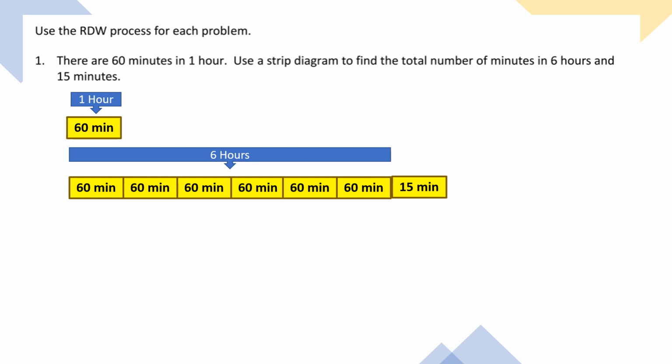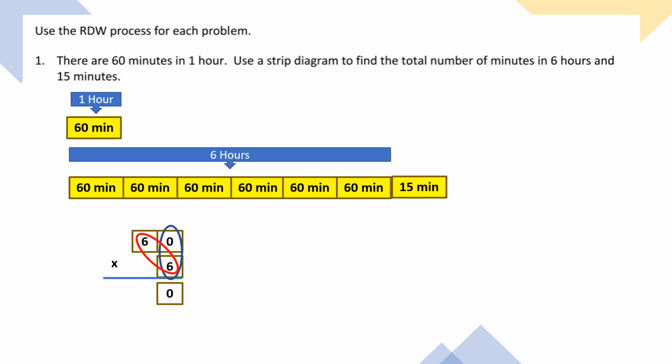So if I have 6 boxes with 60 in it, that's the same thing as saying 60 times 6. So let's go ahead and work that problem. 6 times 0 is 0.